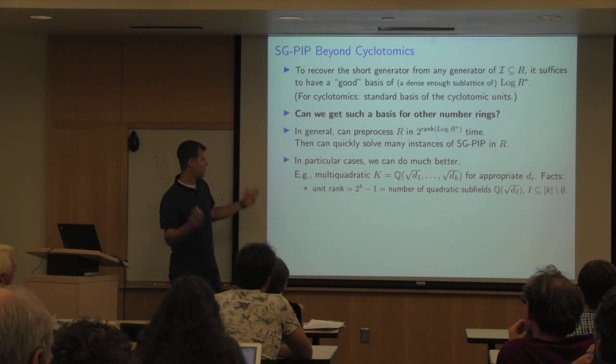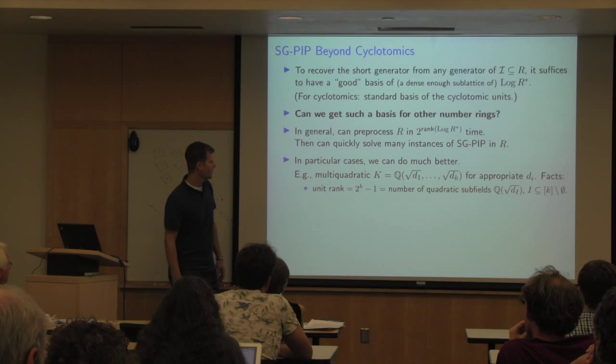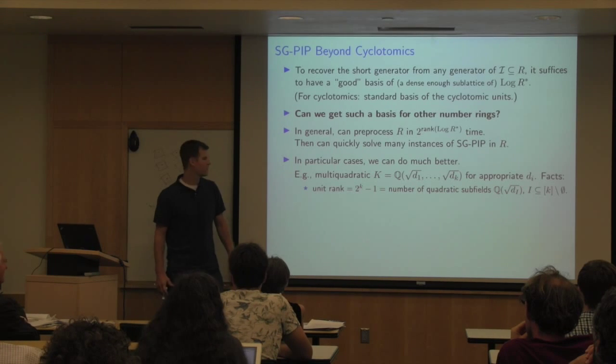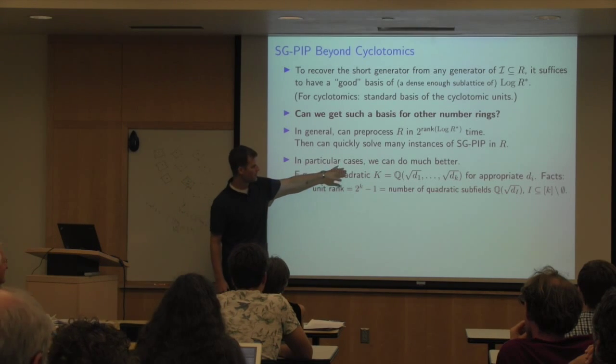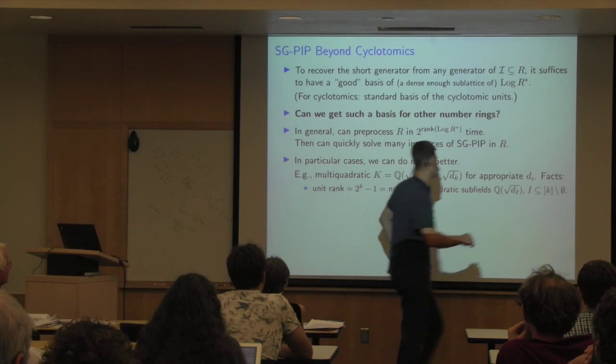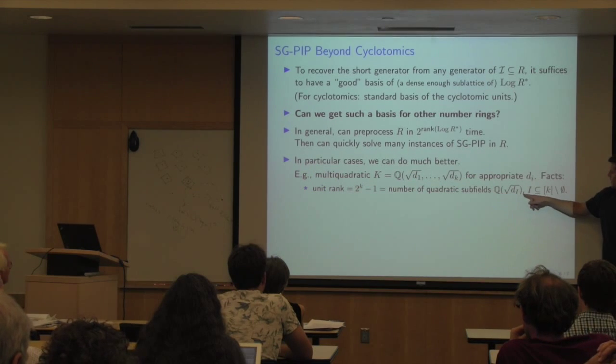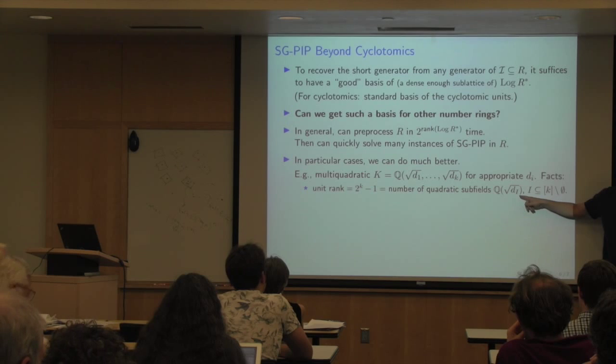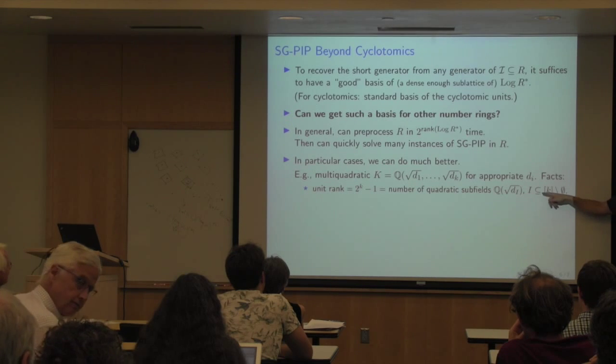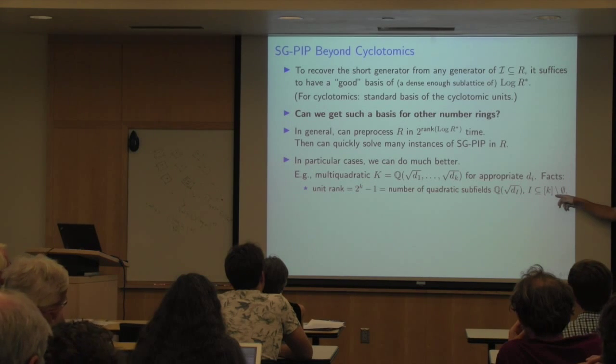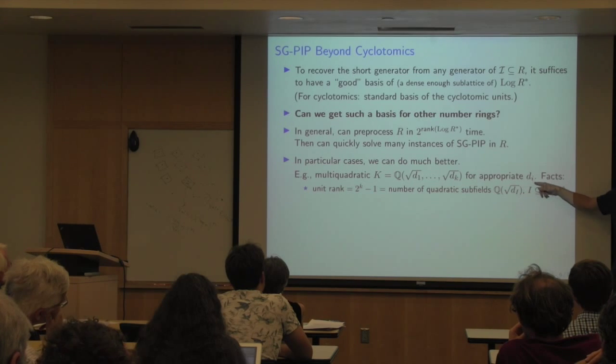Now, by some coincidence, this is also the number of quadratic subfields of K. These quadratic subfields are precisely Q adjoin square root of D sub I, where I is a non-empty subset of 1 through k, and D sub I is just the product of the d little i's over that index set.